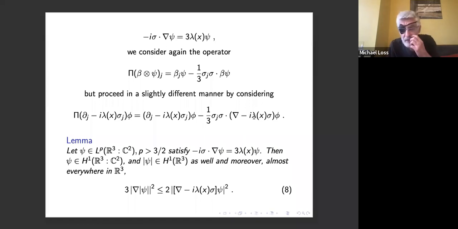So this is 0. And again, you use this idea about the diamagnetic inequality, but in a different twist now, and you get the following inequality, namely that 3 times the gradient of the modulus of psi squared is less than twice this gadget here, okay? And then you proceed in the usual way.